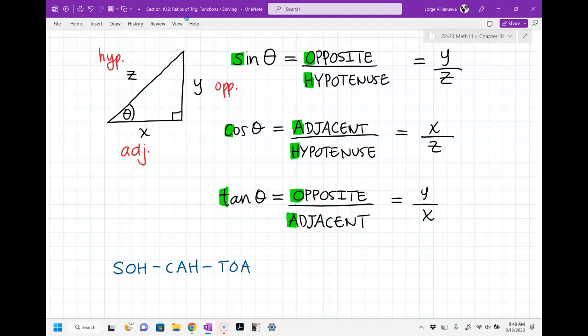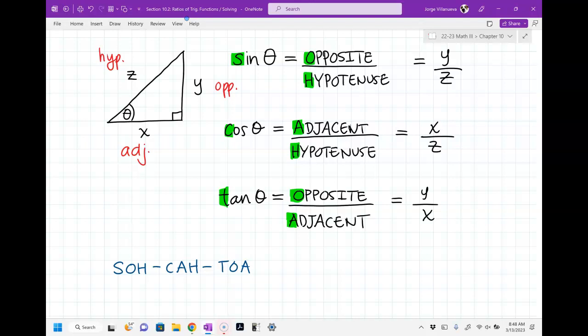They'll tell you, remember SOHCAHTOA, right? Try to remember that acronym, because the SO means sine is opposite over hypotenuse. The CA is cosine is adjacent over hypotenuse. And the TOA is tangent is opposite over adjacent. It's just a nice little way of saying it where you can memorize all three of these terms.